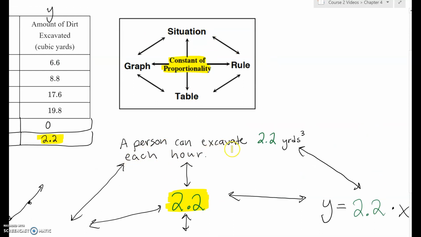A person can excavate 2 2/10 cubic yards of dirt each hour. The situation is basically summarizing what's going on in words, so that people know what the rest of the problem is about.